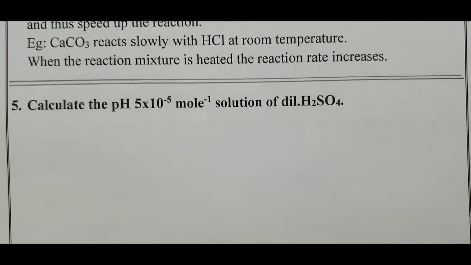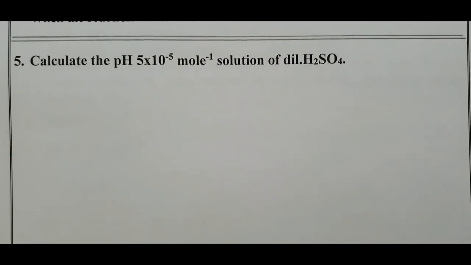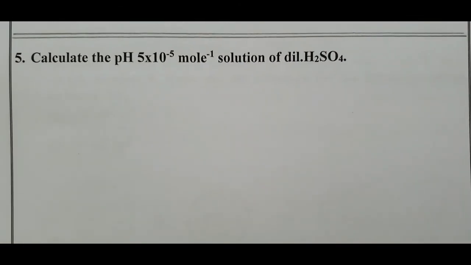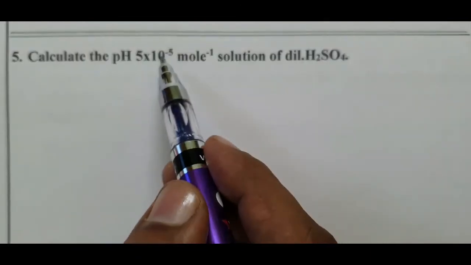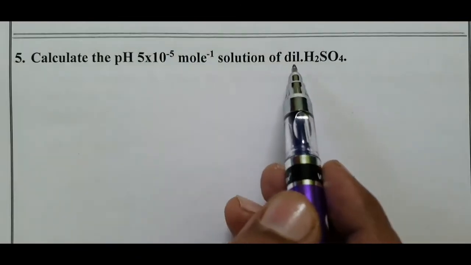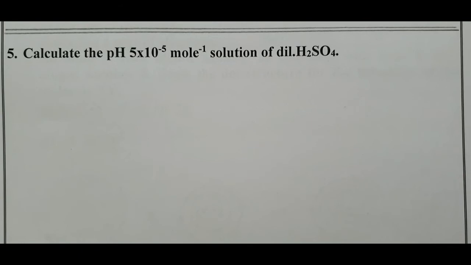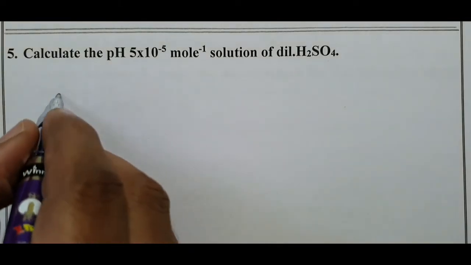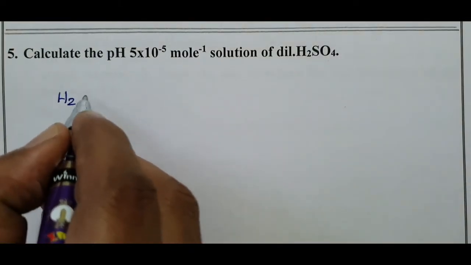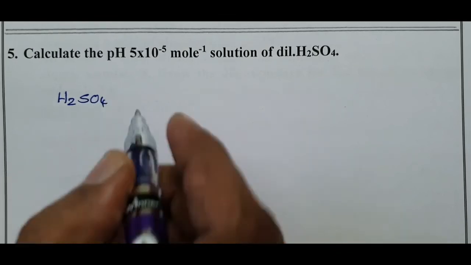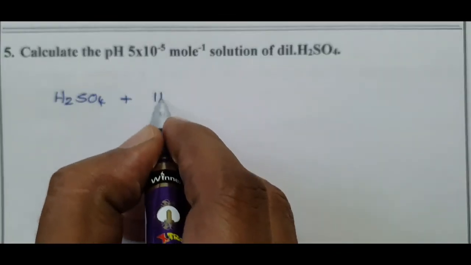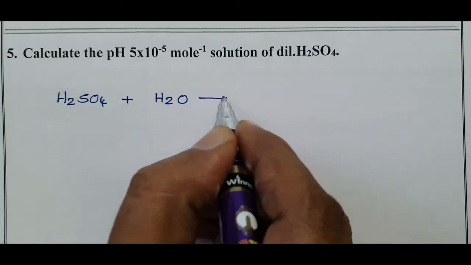Coming to one problem: calculate the pH of 5 into 10 power minus 5 mol per litre solution of dilute H2SO4. Dilute H2SO4, an acid, is a substance which when dissolved in water provides H plus ions.